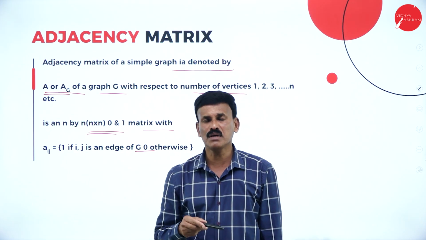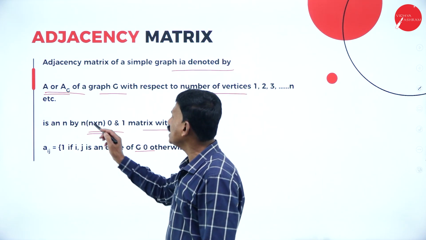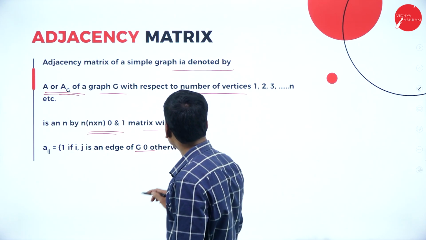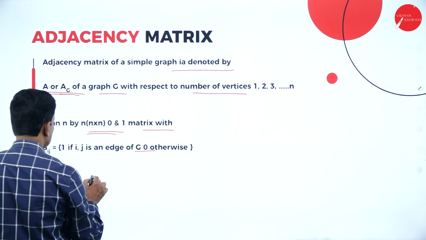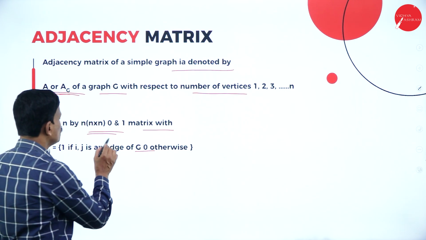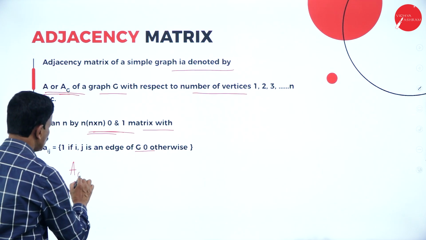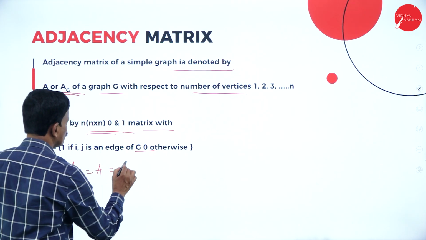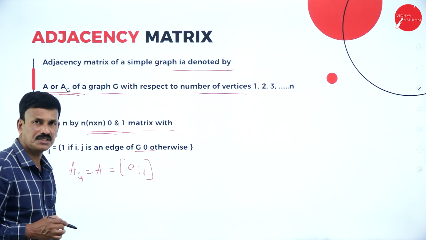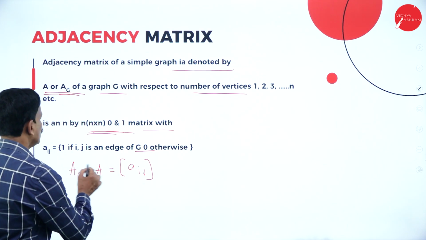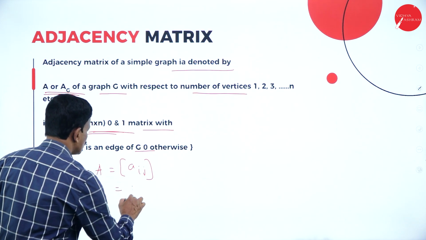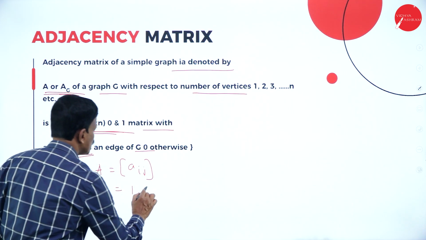The adjacency matrix is denoted as A or AG and is given by an n cross n matrix whose elements are 0 and 1. A is denoted with the ith row and jth column, where Aij is equal to 1 if (i, j) is an edge.